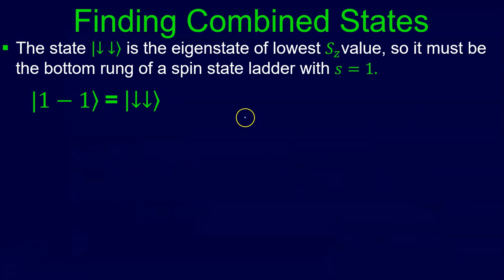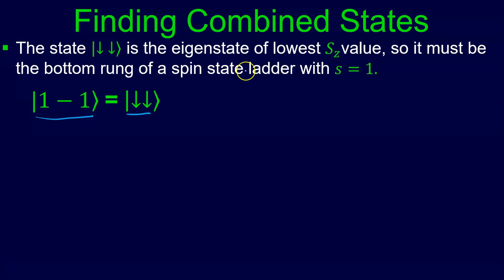So now what we're going to do is use our raising operator to try to find what the next state is. So we've sort of argued that we can say that the spin down should be S 1, M negative 1.